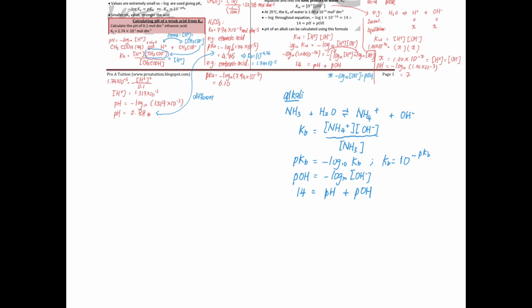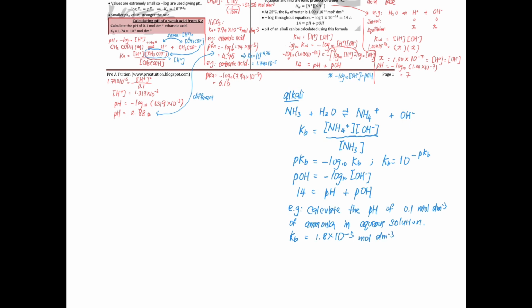Example: calculate the pH of 0.1 mole per dm cube of ammonia in aqueous solution, where they give you Kb of ammonia as 1.8 times 10 to the power of -5 mole per dm cube.